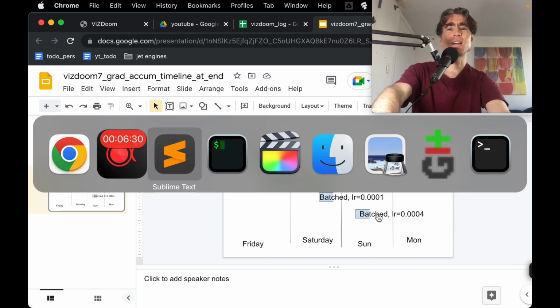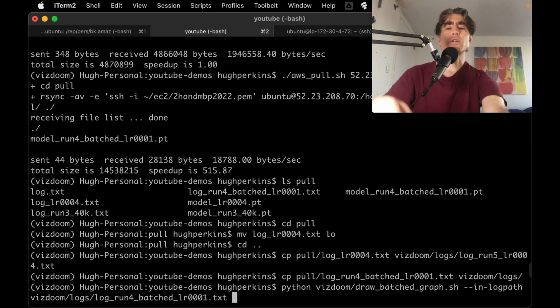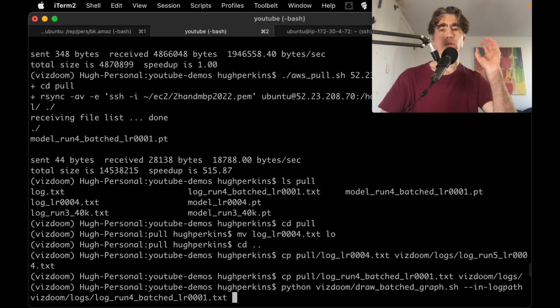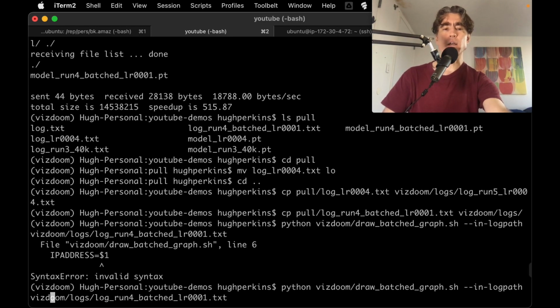I haven't looked. All right, so we've got these log files. This one, run 4, is the first gradient accumulation where we did not increase the learning rate. So we just used the same learning rate as for per episode, but using the gradient accumulation over 16 episodes. So let's see how this looks. Oh, I need to have a Python script. What is it?